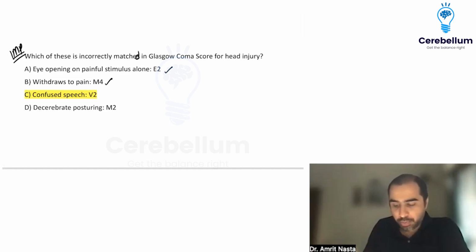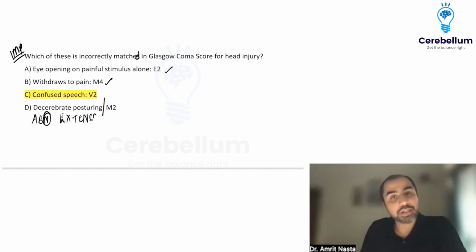And decerebrate posturing, also known as abnormal extension, that is decerebrate. Decorticate is abnormal flexion. Decerebrate is abnormal extension, that is M2. Confused speech is V4.